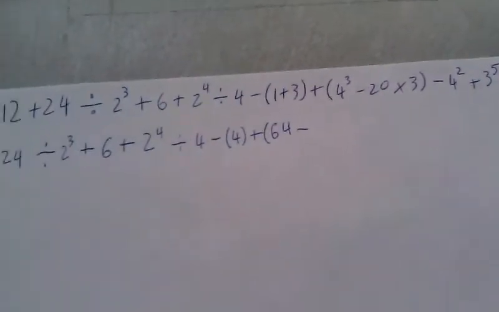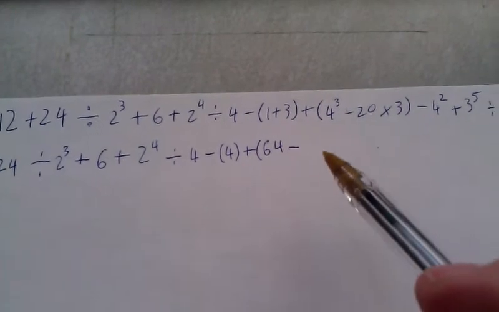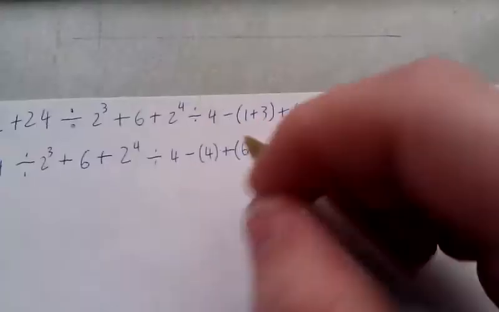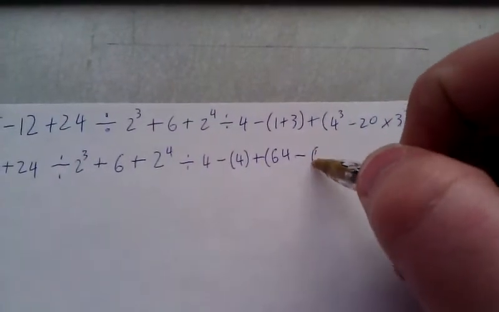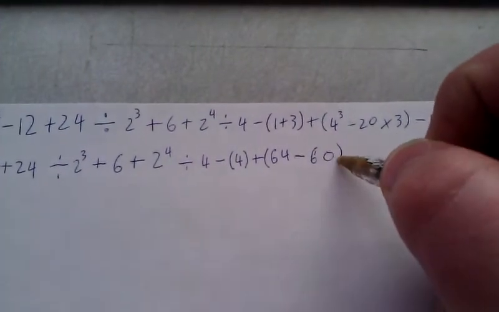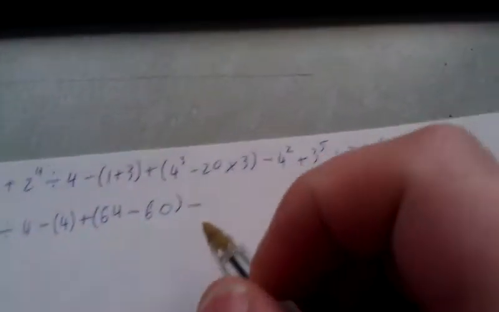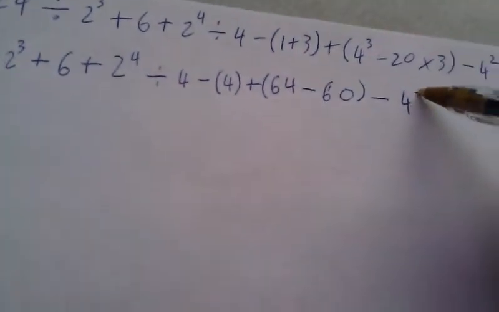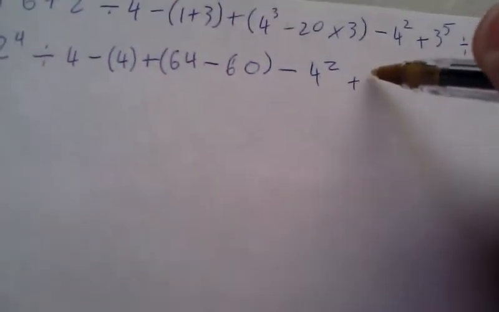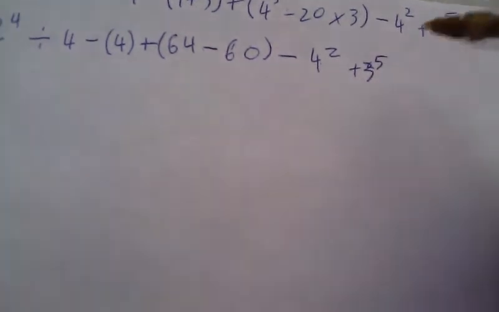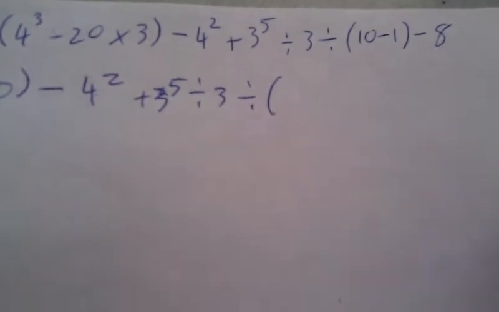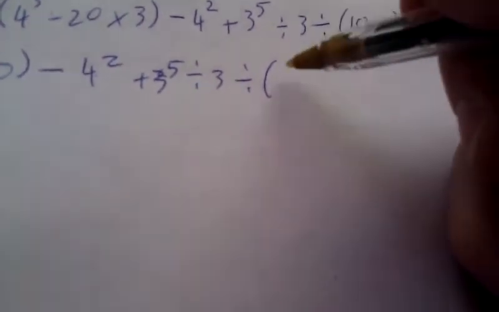Since the operation that's between these two is a lower order, we can actually do this 20 times 3 right away, so that's 60. Okay, and so here we have another parenthesis, so 10 minus 1, that's 9.